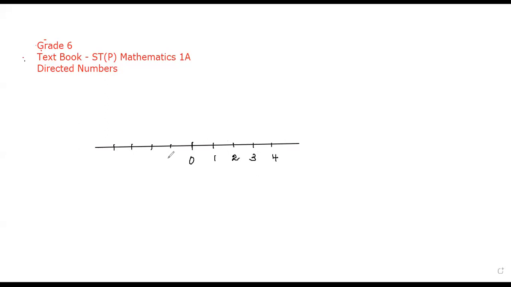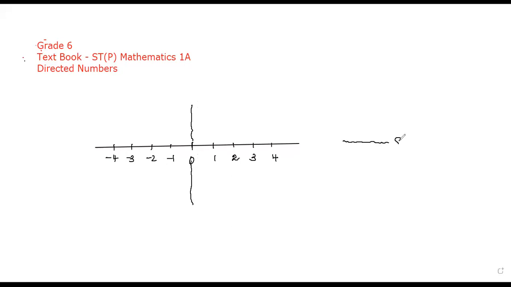To this side, what do we have children? Negative 1, negative 2, negative 3, negative 4. So we have the positive numbers and negative numbers. What is the middle point? It is 0, right?